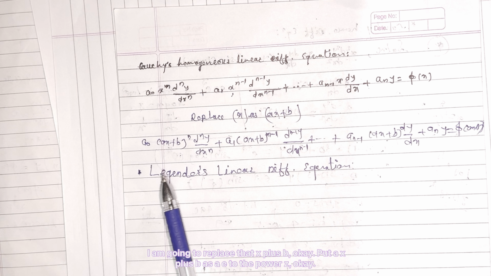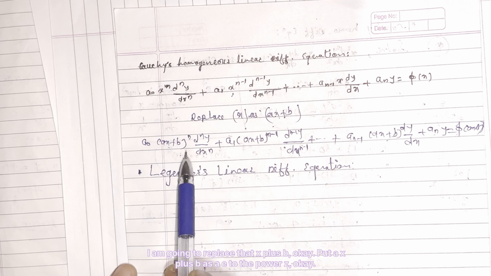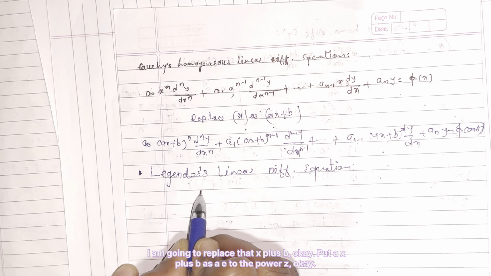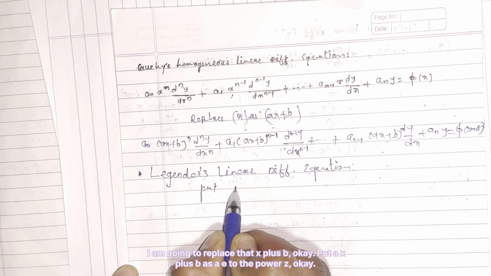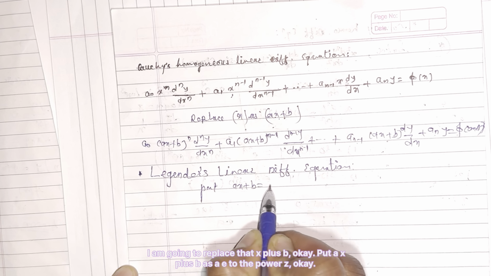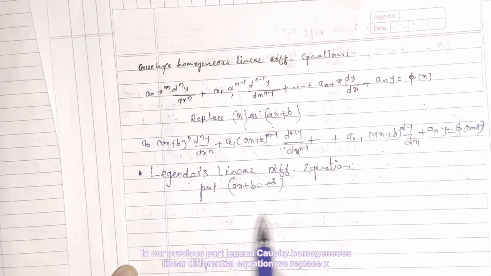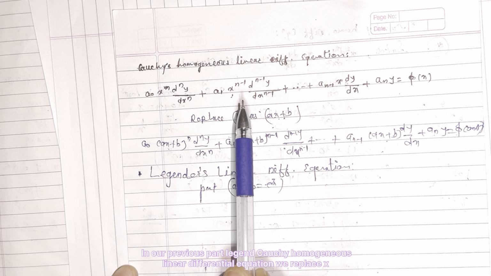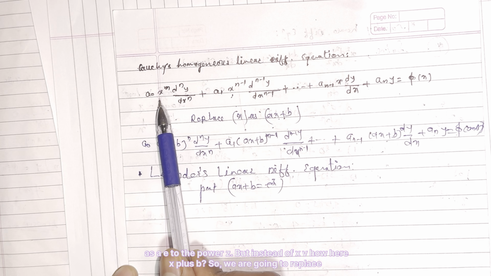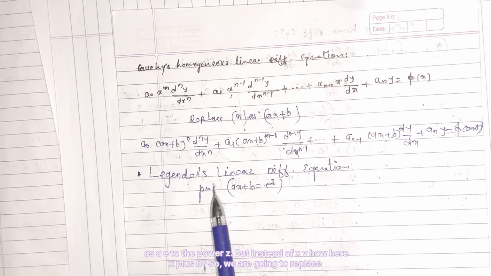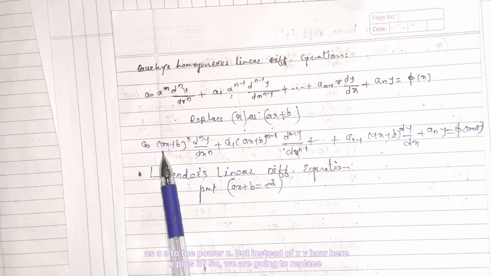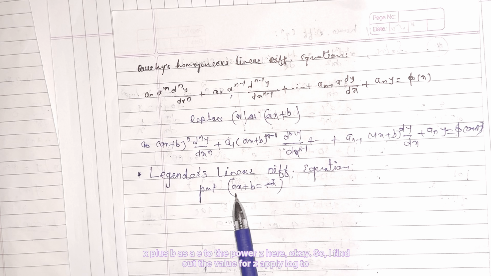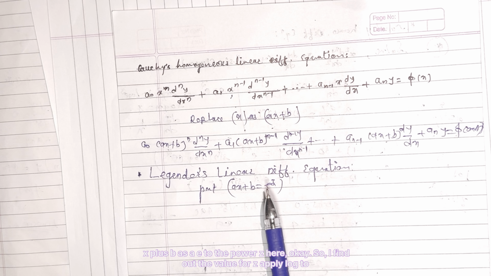In the previous part we replaced x as e to the power z, but instead of x we have ax plus b here, so we replace ax plus b as e to the power z.